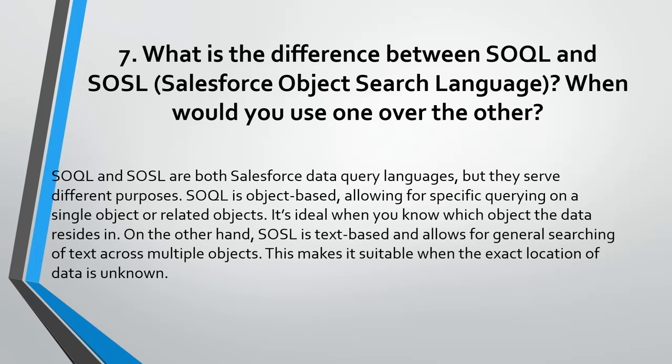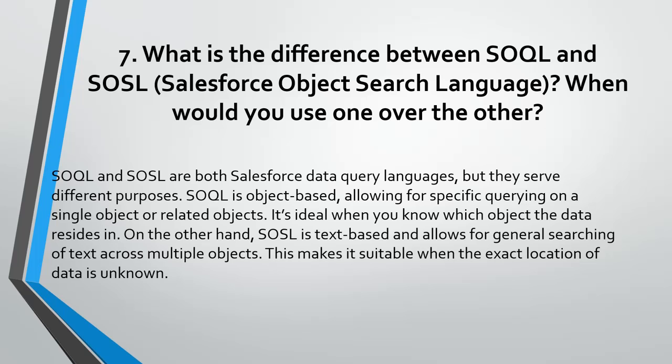So what is the difference between SOQL and SOSL? SOSL stands for Salesforce Object Search Language. And when would you use one over the other? SOQL and SOSL are both Salesforce data query languages, but they serve different purposes.